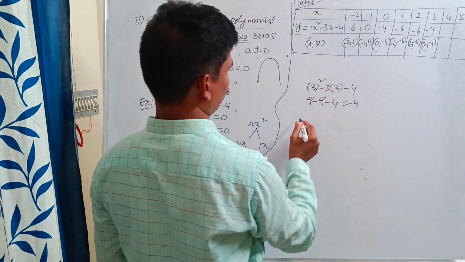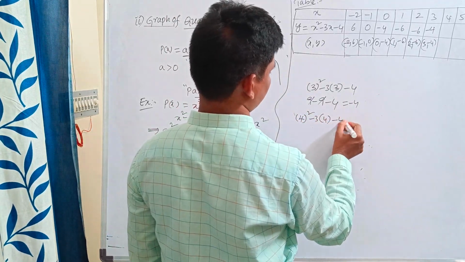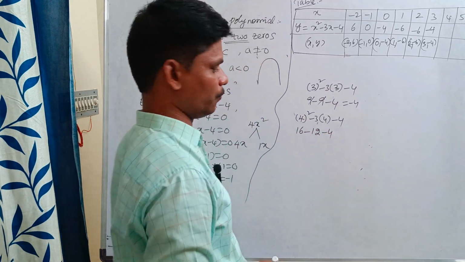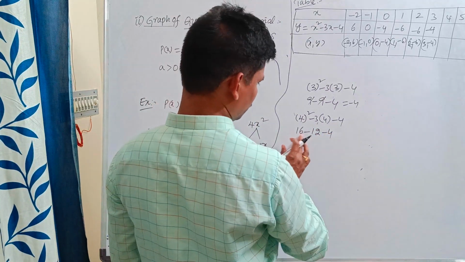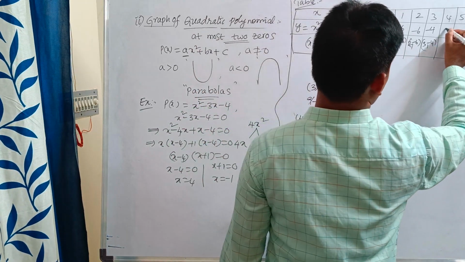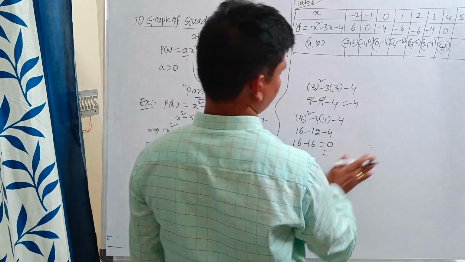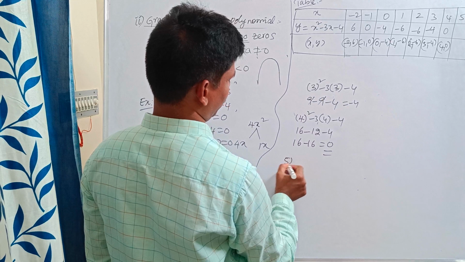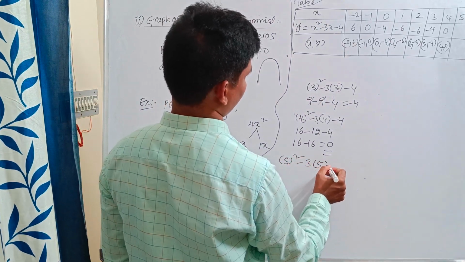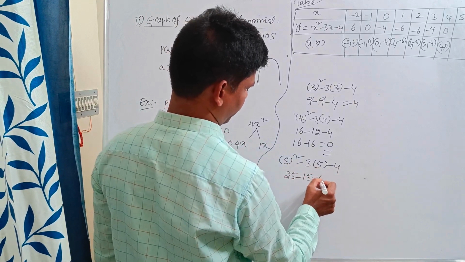Next take 4. 4 square minus 3 into 4 minus 4: 16 minus 12 minus 4. 16 minus 16 is 0. So 4 comma 0. Next take 5. 5 square minus 3 into 5 minus 4. 5 square means 25, 3 times 5 is 15, minus 4.